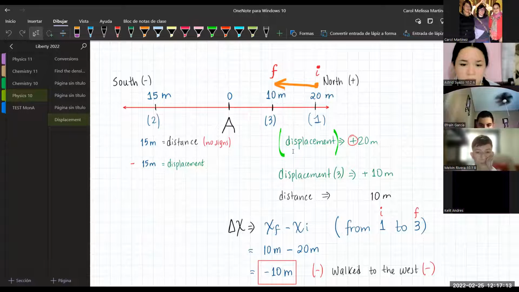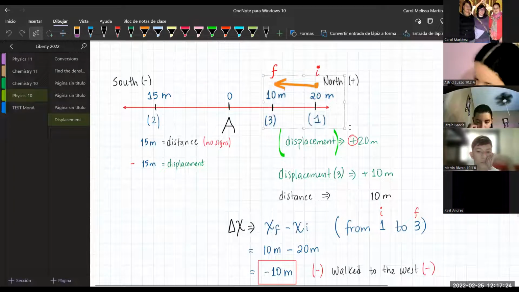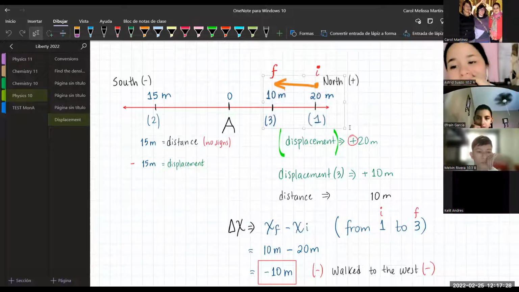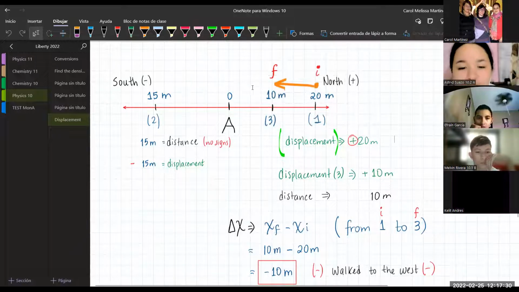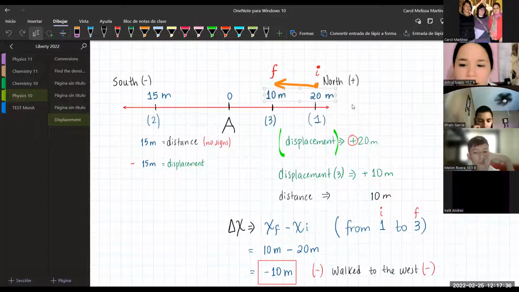Sometimes you're not going to need to use the formula to get a displacement, but some other times, like we did here, we used the formula because it was more difficult to understand the idea. The distance is pretty simple to get because I know that a distance between 10 and 20 is 10 meters. For distance, that answer is good, but for displacement is not.